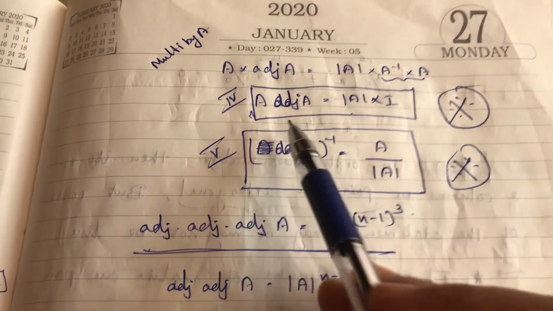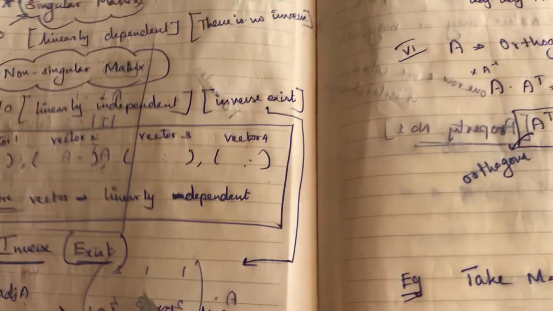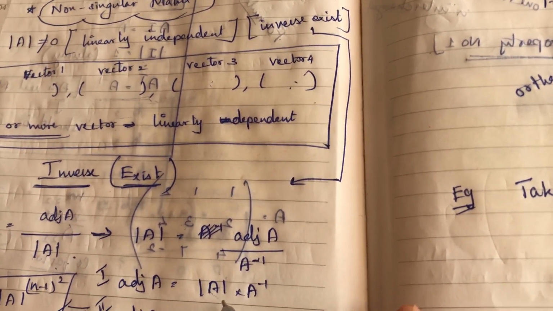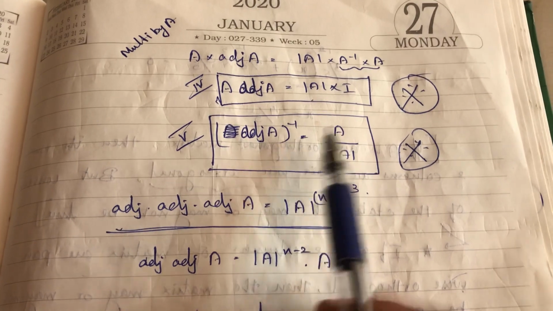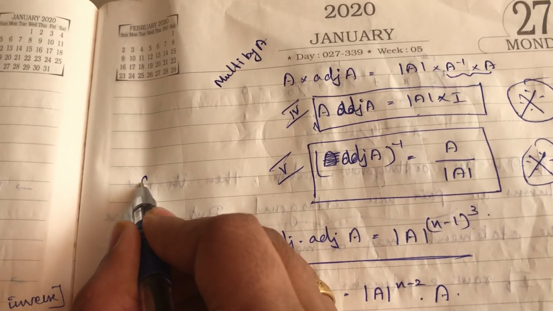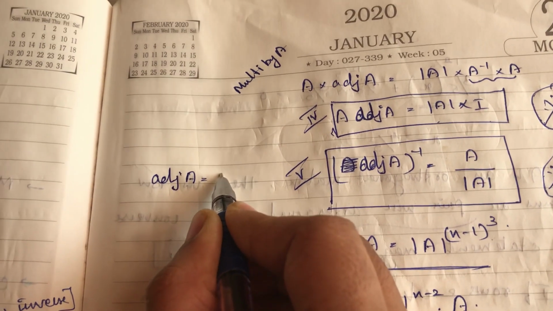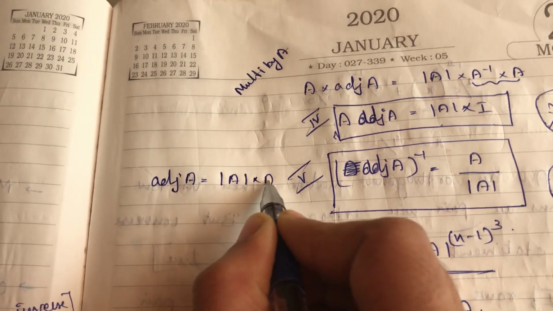And the fourth formula is, just take this first condition. I have taken this in the first condition. Rj is equal to determinant A into A inverse. So I have written these things. So Rj, you see here, Rj is equal to determinant of A into A inverse.